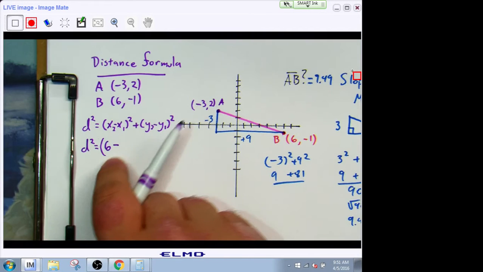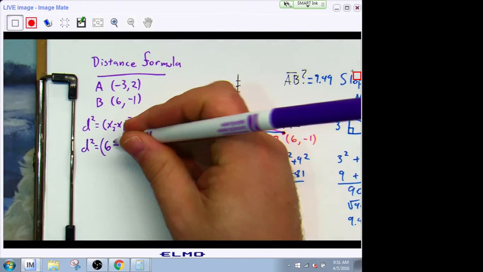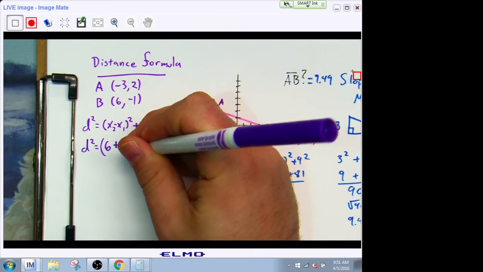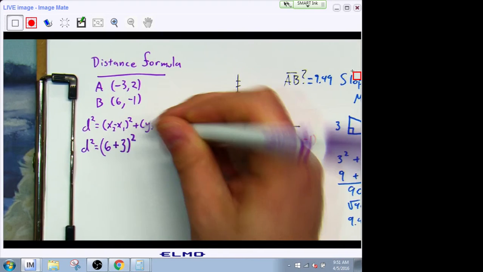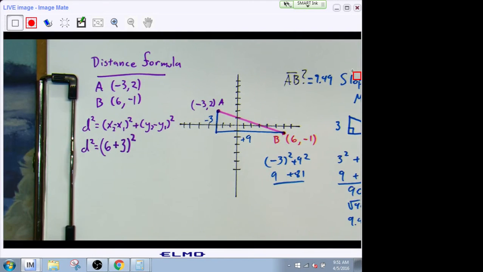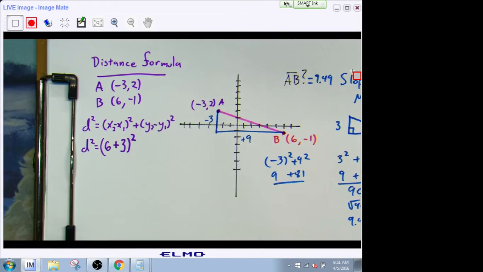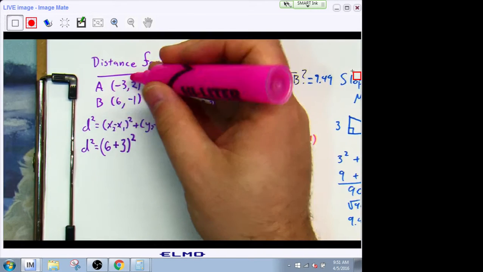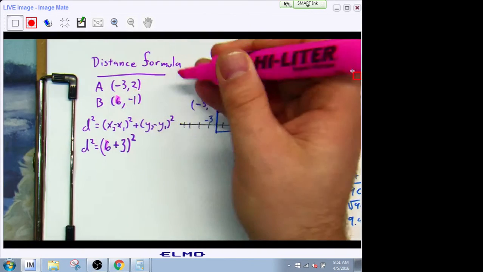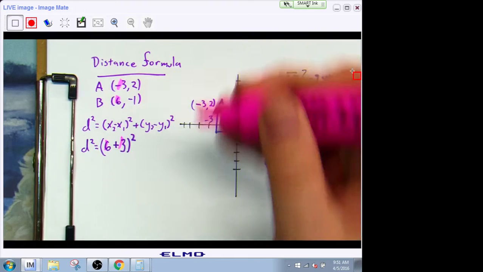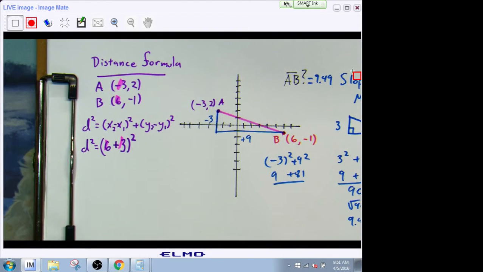So 6 minus a negative 3, I'm just going to say that's 6 plus 3. And that's going to be squared. Okay? 6, negative 3. Just like that. These are my x's.